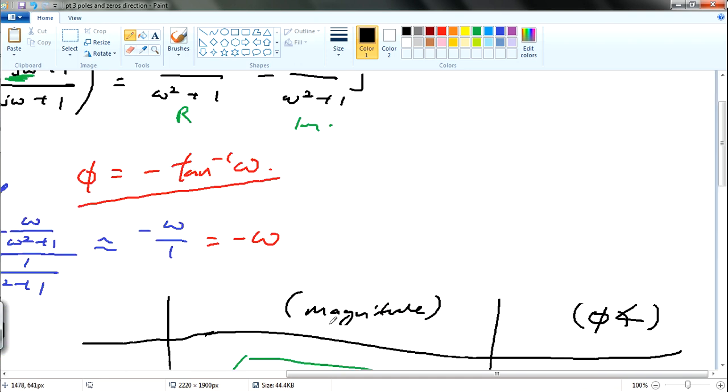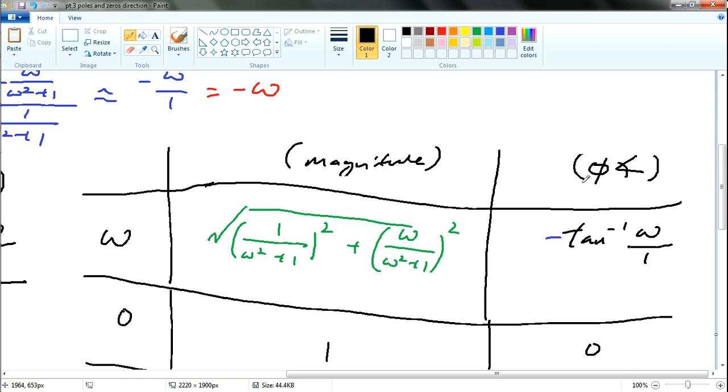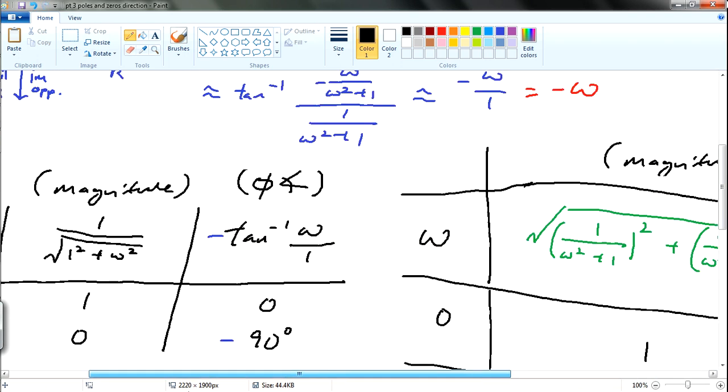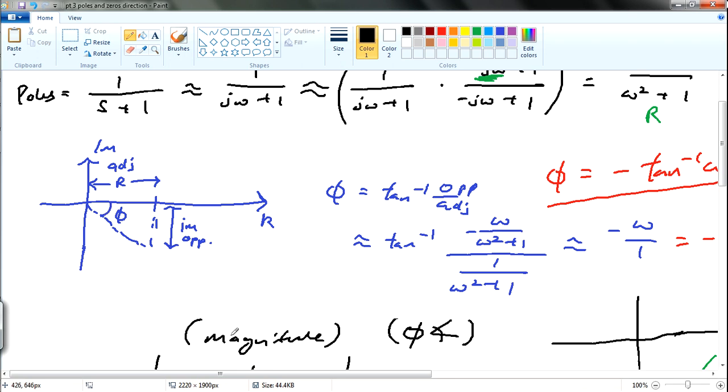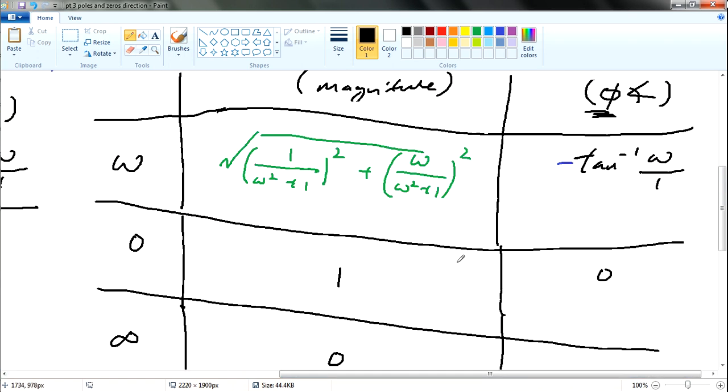After we get the magnitude, we can actually plot a table. So this is the tangent, the phi angle, minus, the angle that I showed earlier over here. And then if you sub in your omega, this is the omega line.